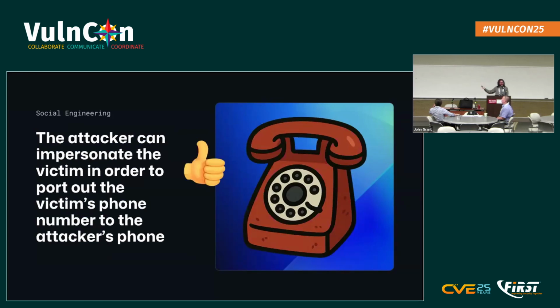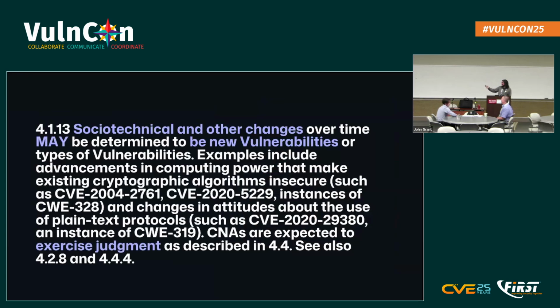So this is actually something like there's nothing that says no. And there's actually a rule out here that says socio-technical, technological, and other changes over time may be considered vulnerabilities. So this is a maybe. Now, it does say exercise judgment, and I might exercise my judgment and say no, but it's definitely something that can get a CVE.